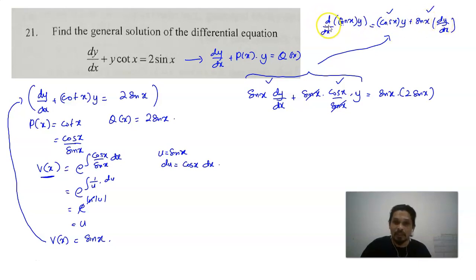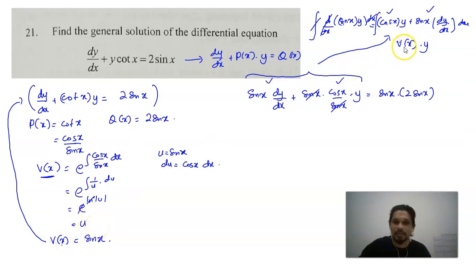So if we integrate everything here with respect to x, it gives you back V(x) times y, where V(x) is sine x.